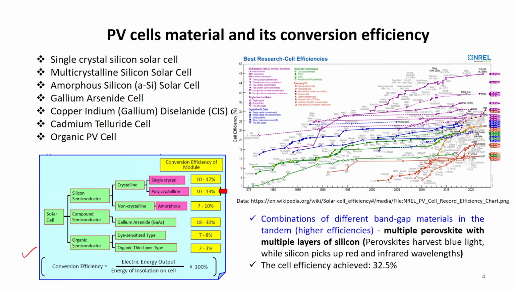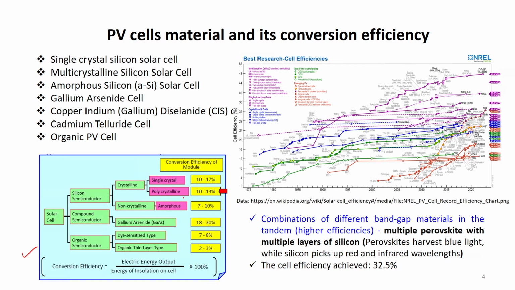Primarily it is classified into 3 groups: silicon semiconductor, compound semiconductor, and organic semiconductor. Under silicon semiconductor we have crystalline and non-crystalline silicon cells, and under crystalline we have single crystal and polycrystalline, and for non-crystalline we have amorphous.